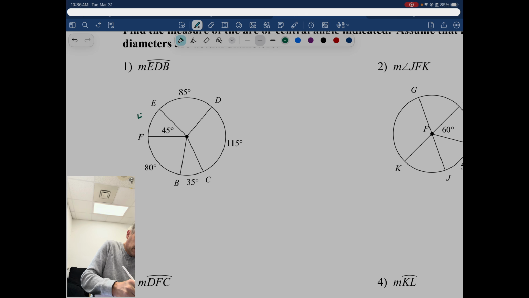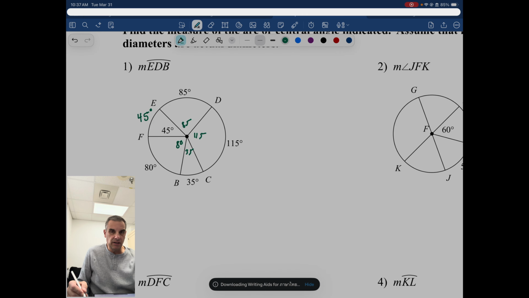I know this is 45 because they're the same as the central angles. So that one has to be 45, and then all those angles have to be corresponding. So this is 85, this is 115, 35, and 80.